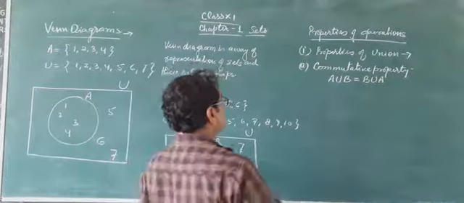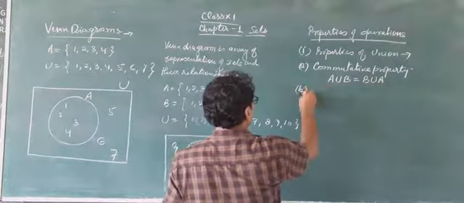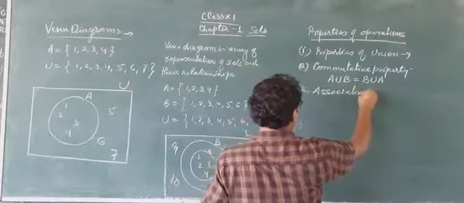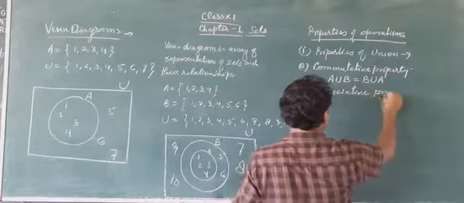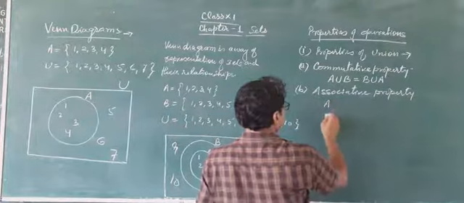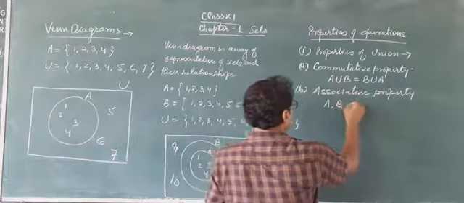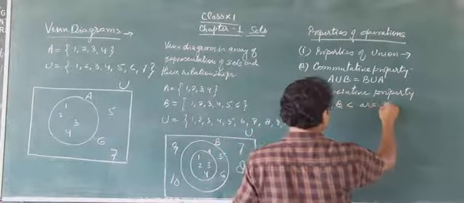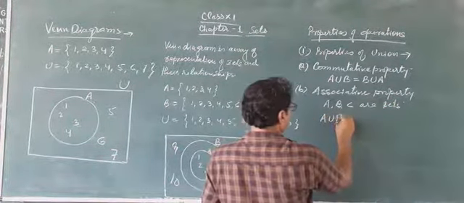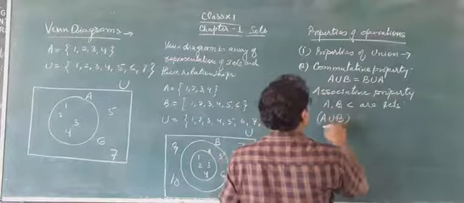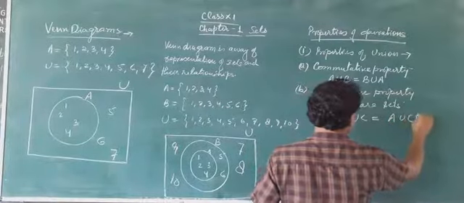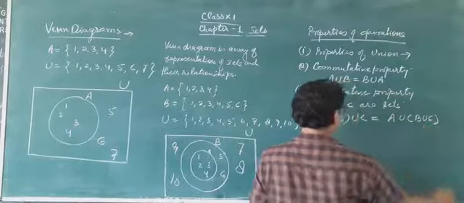And the next one is the associative property. Suppose A, B, C are sets, then (A union B) union C is equal to A union (B union C).